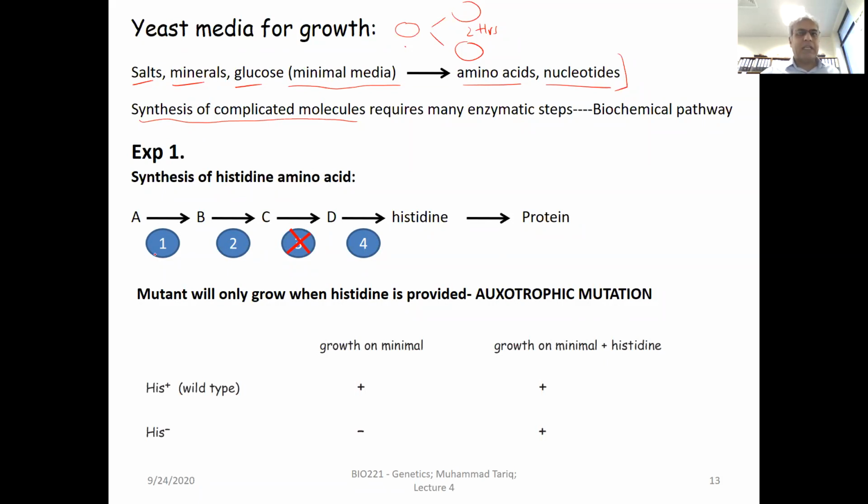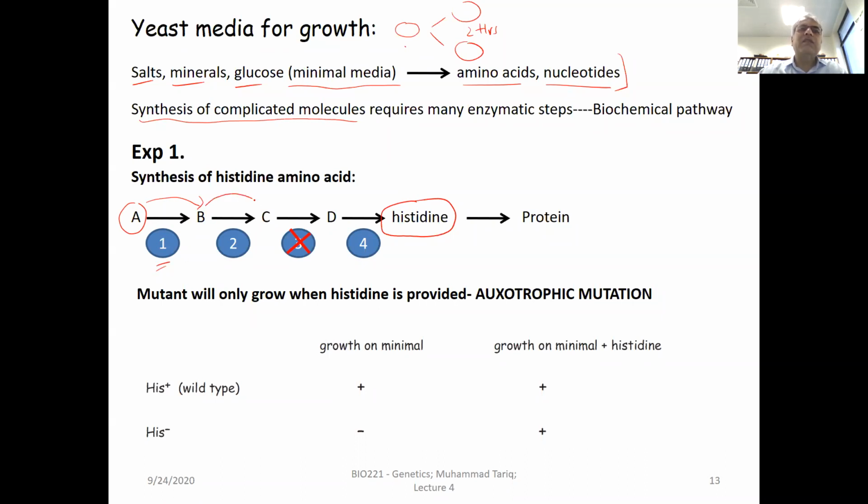For example, here we are talking about histidine biosynthesis. And an amino acid does not come through magic all of a sudden. There's a biochemical pathway. Let's say a metabolite A is converted into B, and this conversion is due to one gene.